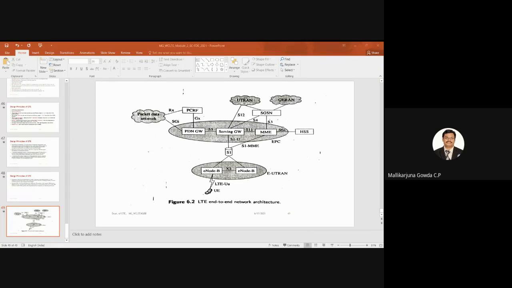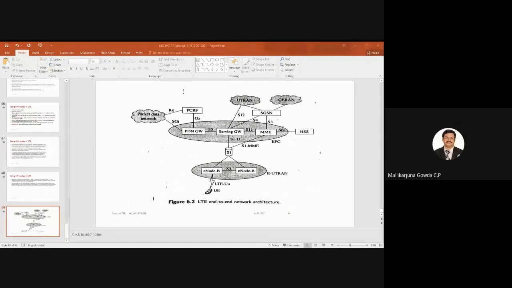That is why this GERAN and UTRAN are connected through this SGSN. It does not come under LTE. That is why it is written outside the EPC network. One is EPC, another one is E-UTRAN. Together it is known as the EPS system. Then user equipment will be there. So that is all about the LTE.